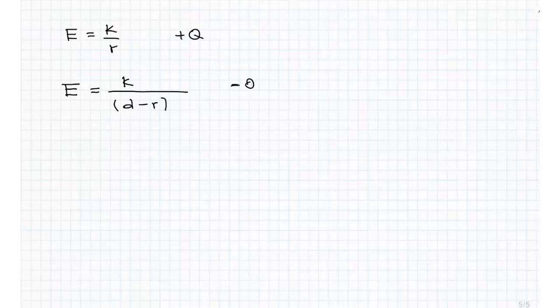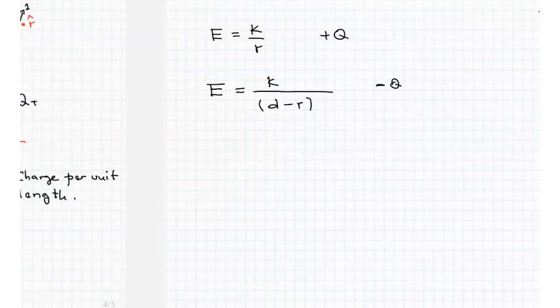And the field due to the wire carrying charge per unit length minus Q is similarly given by the following expression: E equals K divided by d minus r. This is the field produced by the wire with charge minus Q. So why this? Let's come back to the illustration.